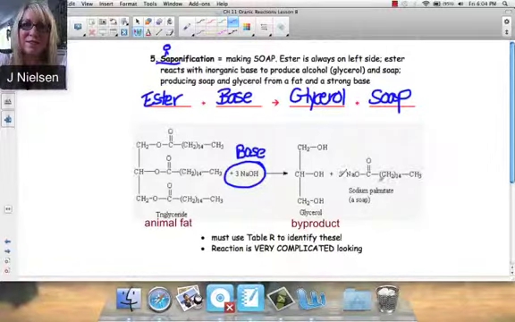Something very interesting about soap, whether it be dish soap or shampoo, soap has what's called a nonpolar end, which is this end right here, because it's a very long carbon chain, and it has a polar end on this side. So what happens is, if you remember, like dissolves like. So soap is interesting because it's called hydrophilic and hydrophobic. The hydrophilic end is the end that is a friend of water.